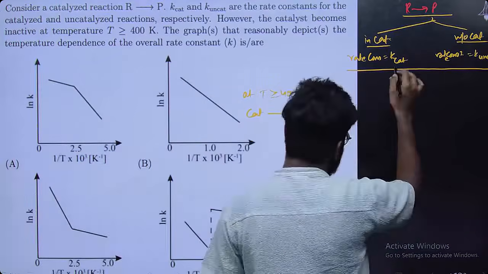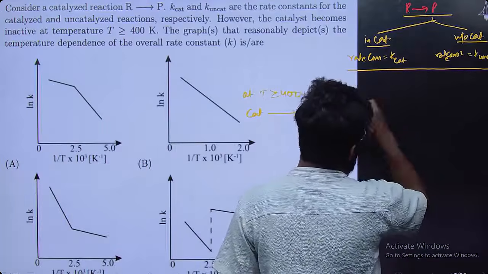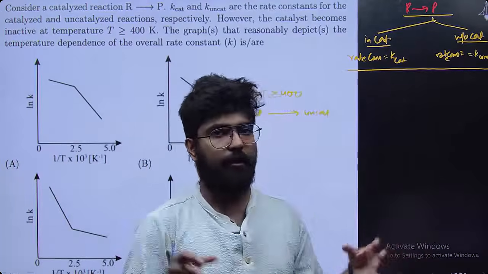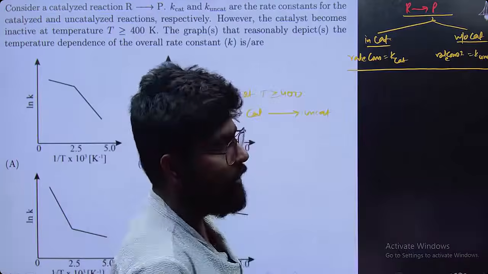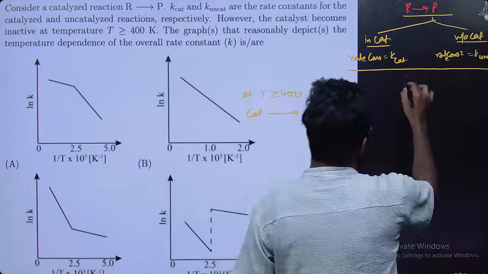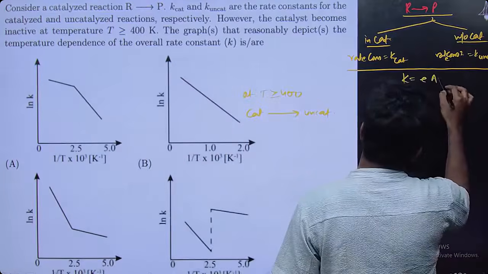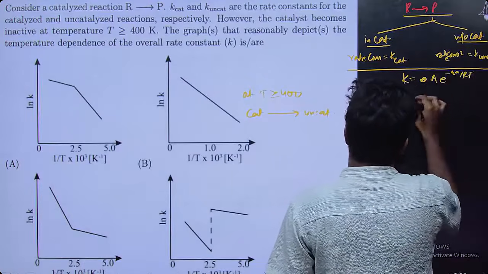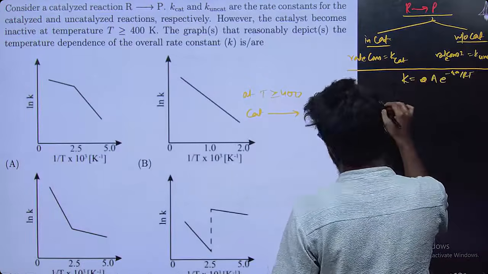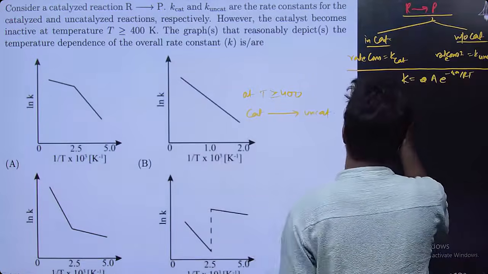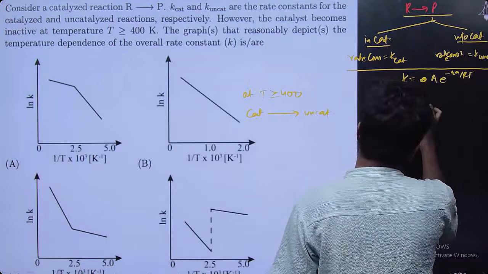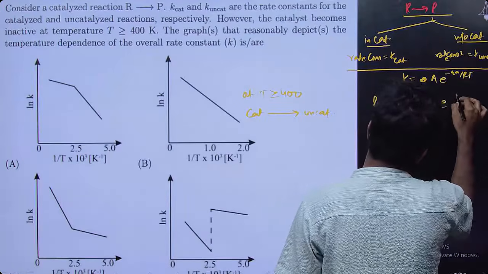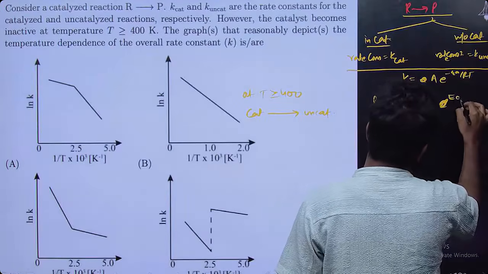Now see, first of all, the relation between K and T is basically your Arrhenius equation: K is equal to A e raised to the power minus EA by RT. If you take log on a natural basis, because we want to plot ln K, it will be ln K is equal to ln A minus EA by RT.